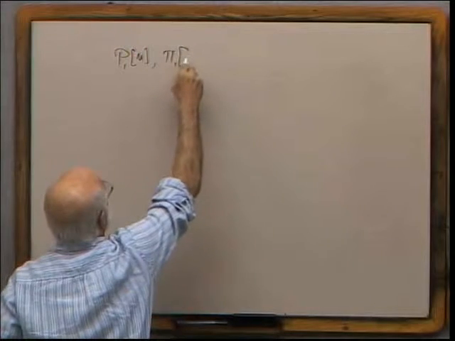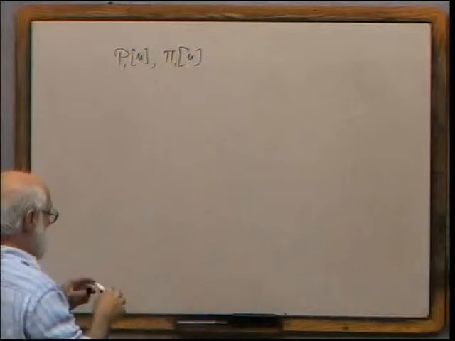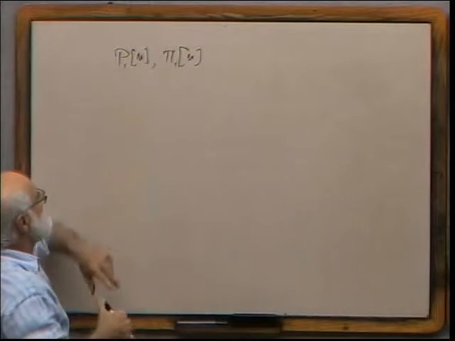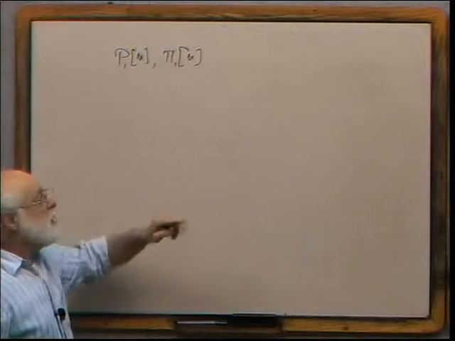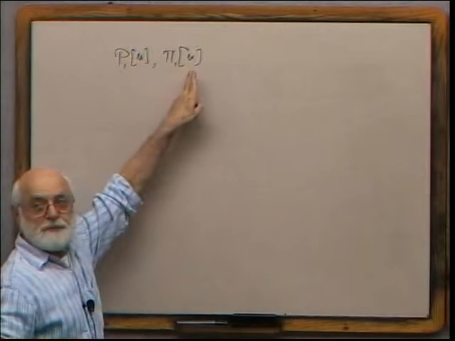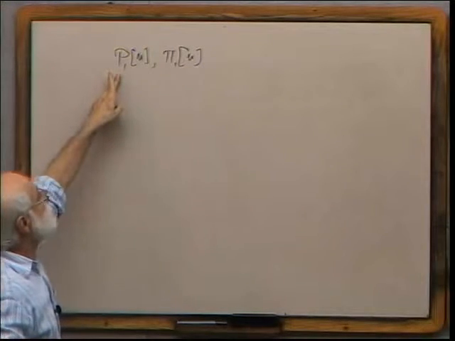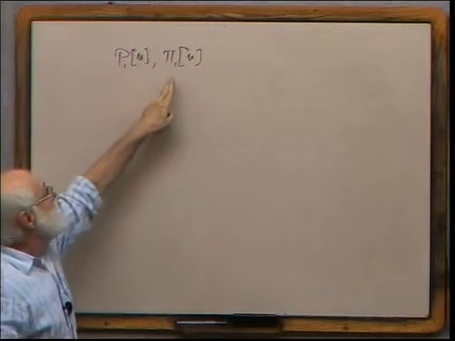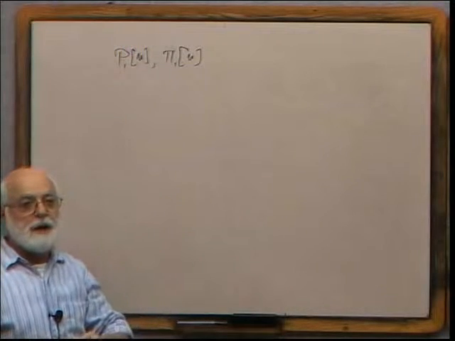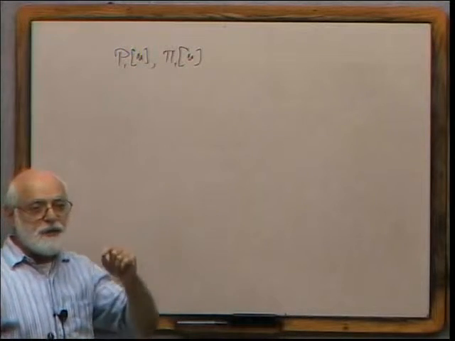So I'm going to talk about a system with one server and n sources. And the p represents the fraction of time I'm in state 1, and the pi represents the fraction of sources that find the system in state 1 when it wants to use the system.